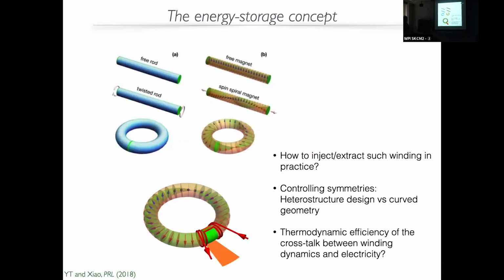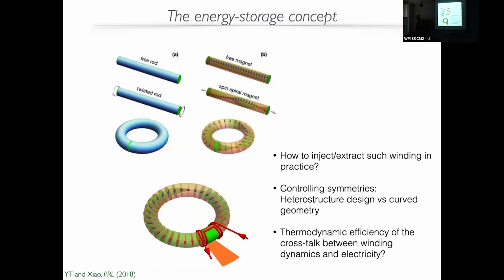So let me take a minute to fall back on an idea we proposed a few years ago on how to use topologically stable magnetic textures and how to control those textures in practical electrical devices for energy storage.